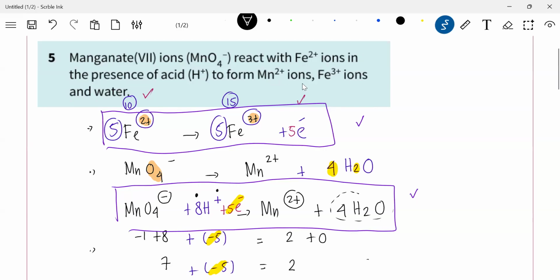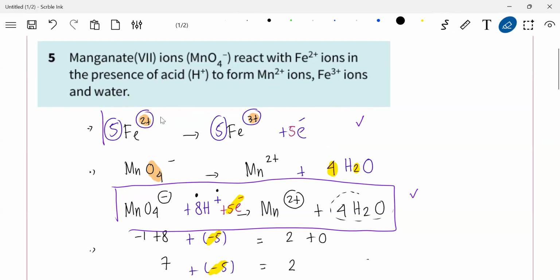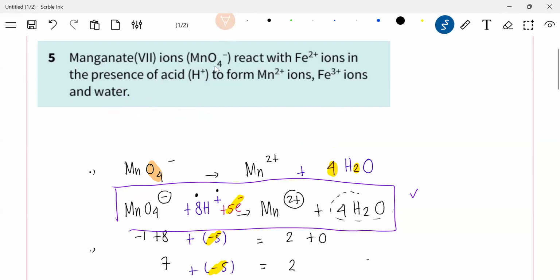Okay, wait, maybe I will re-explain again. Take a look. I will erase again. The first step, Fe2 plus becomes Fe3 plus.